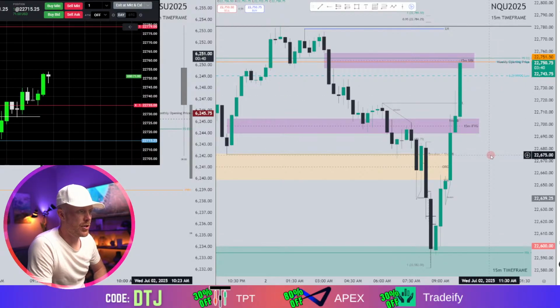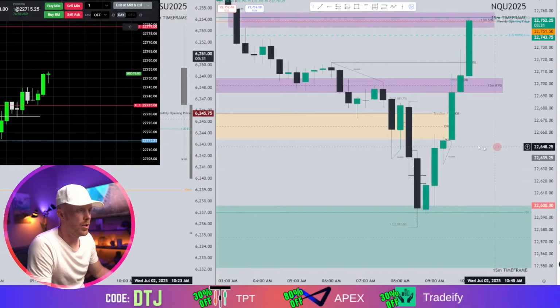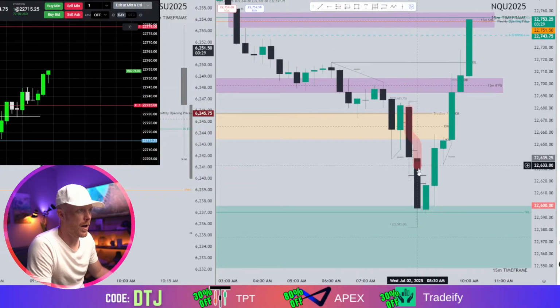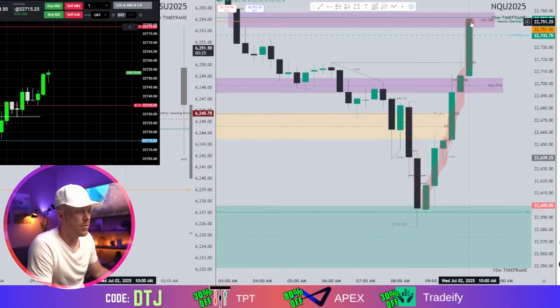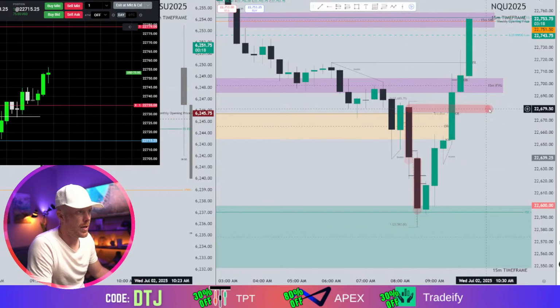The easy answer is it's the last down closed candle or series of down closed candles, or bullish or up closed candles, followed by an immediate explosive move the other direction. So that would be your order block. These two down closed candles create an order block.